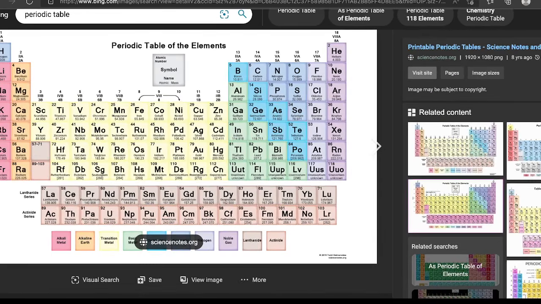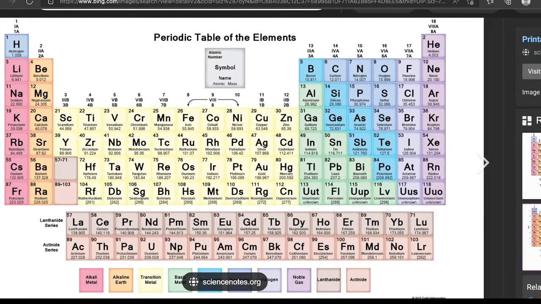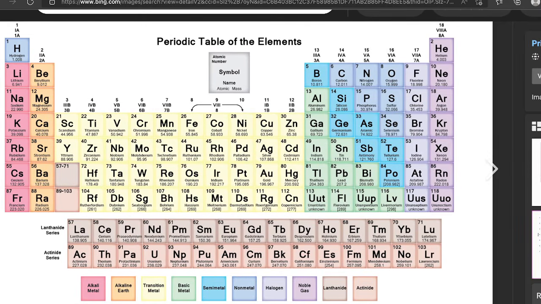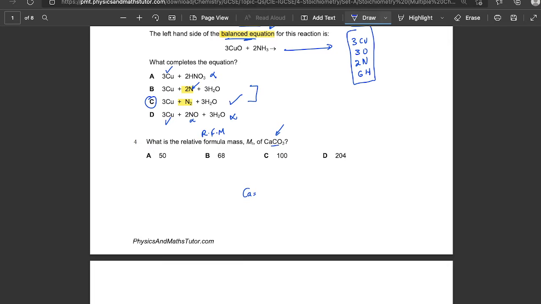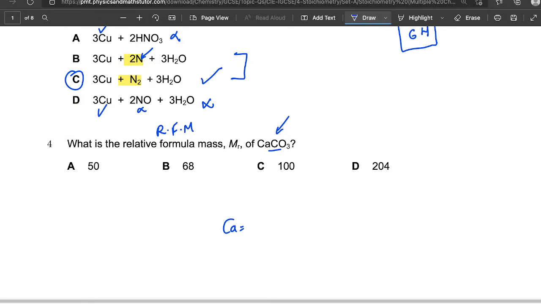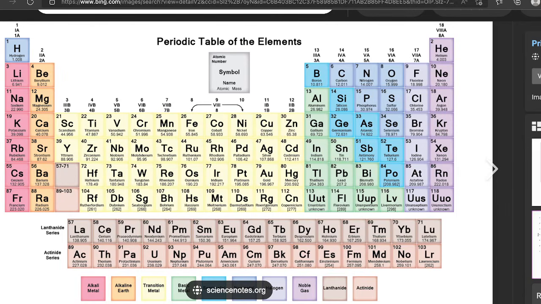Okay, so if we quickly zoom into this, I am hoping you guys can see this. Yeah, you guys can see this. So here's the periodic table, and we need to find calcium, carbon, and oxygen. So let's start off with calcium. What is the mass of calcium?